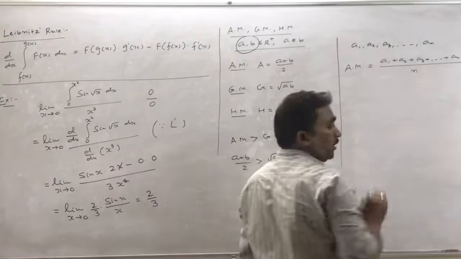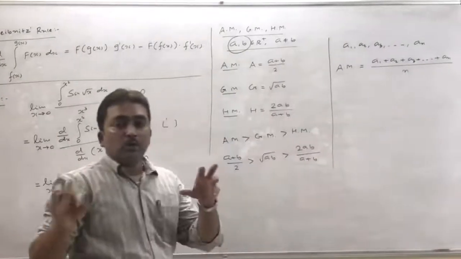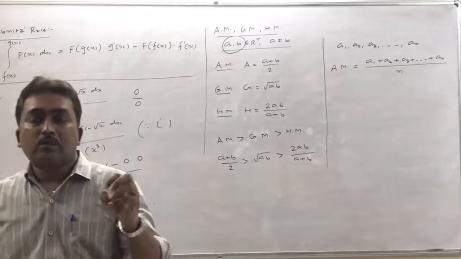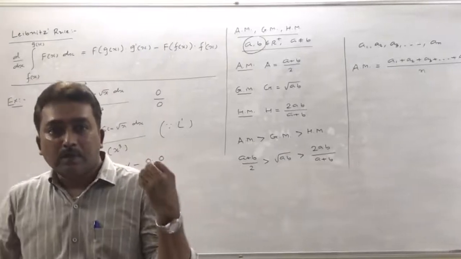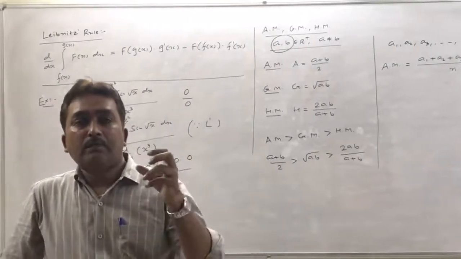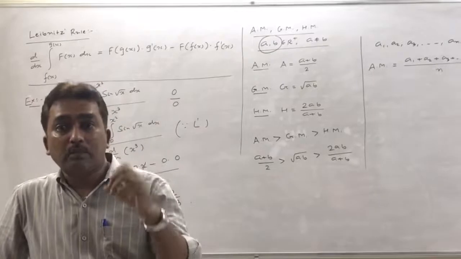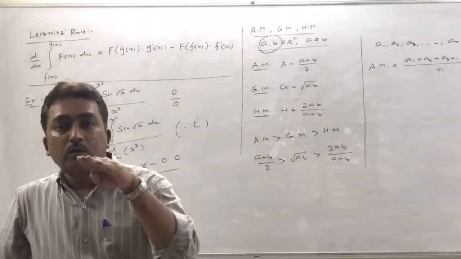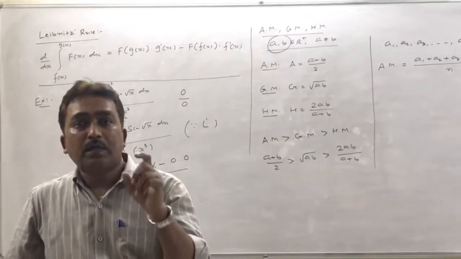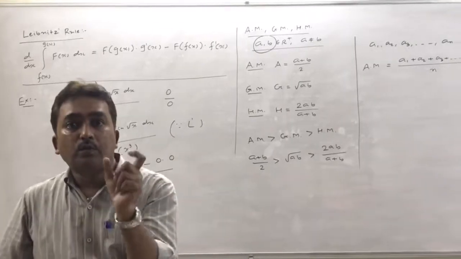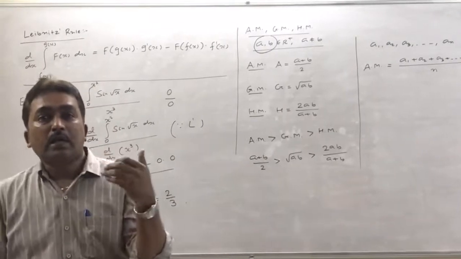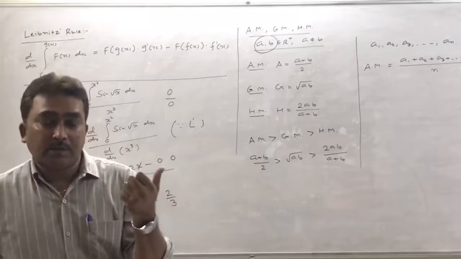You have to remember this part. If 3 numbers are given, 5 numbers, 10 numbers are given, and you want to find the arithmetic mean of those 10 numbers, the addition of all those numbers divided by 10 is your arithmetic mean. Arithmetic mean, in other words, is called average.